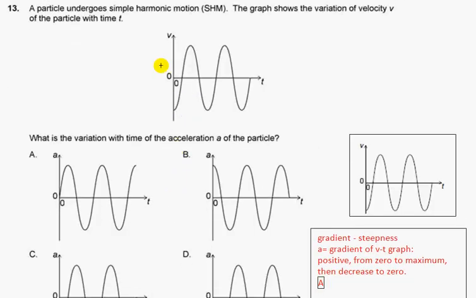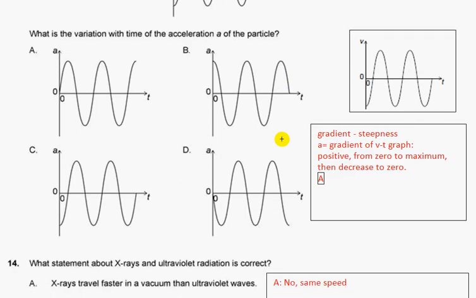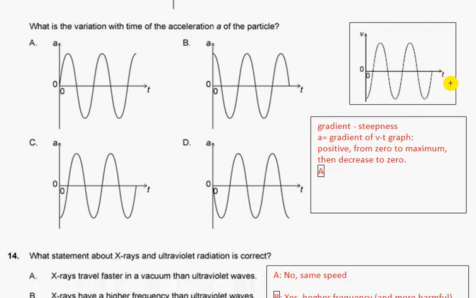Question 13. A particle undergoes simple harmonic motion. This graph shows the variation of velocity of the particle with time. What is the variation with time of the acceleration of the particle? Again, I have copied V over T over here, and gradient is steepness, and here gradient will be acceleration.